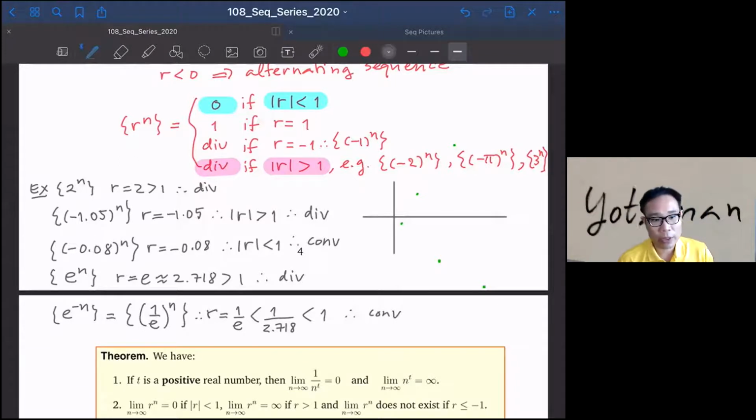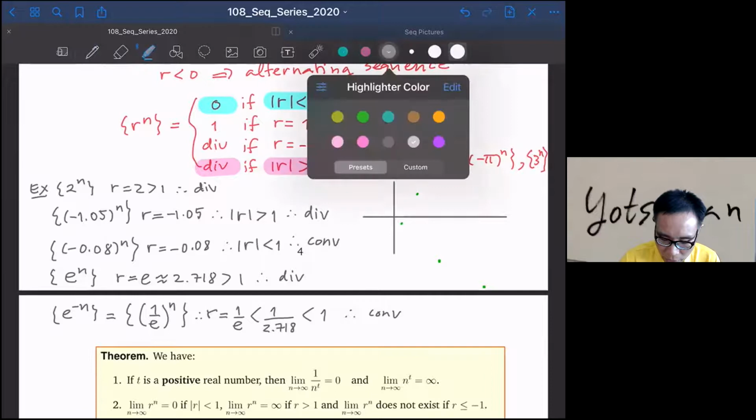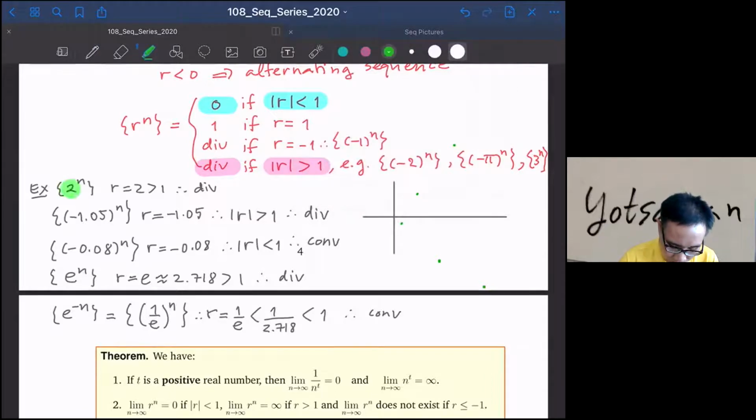So it's going to be convergent or divergent, and it's the number r that you use in order to determine convergence or divergence. Okay, so you are looking only inside the parentheses like this one. That will be the thing that you use to determine the convergence or divergence of this kind of sequence.